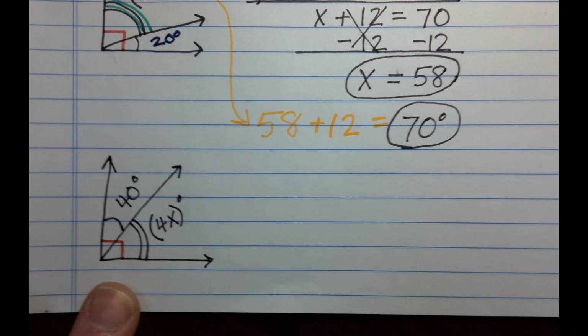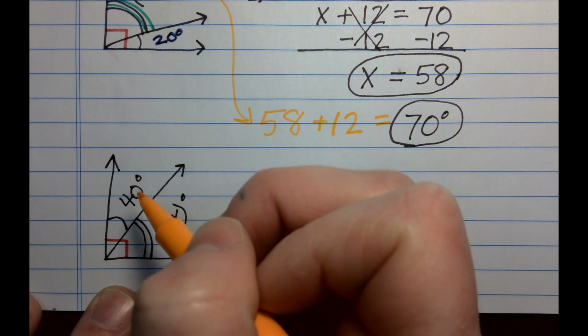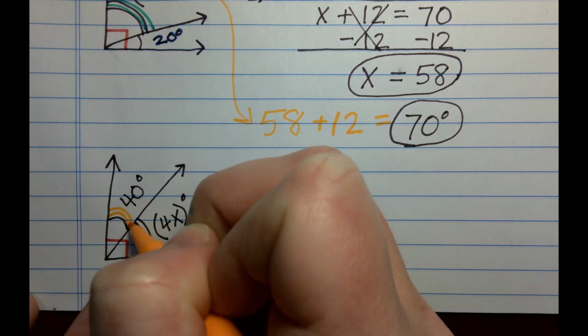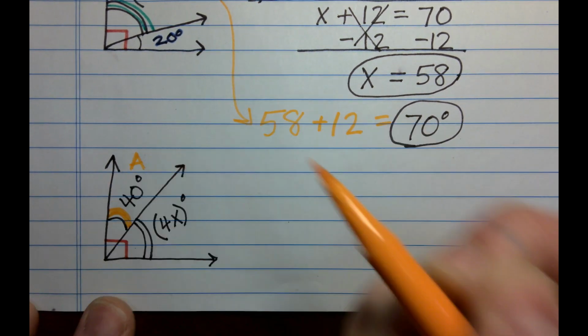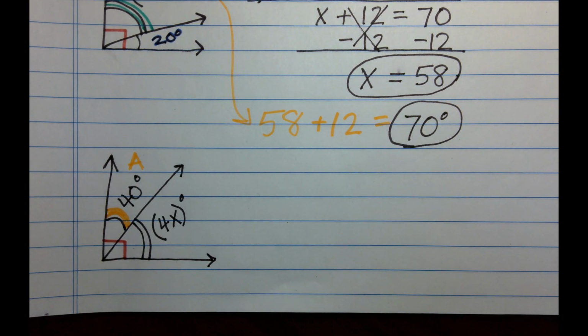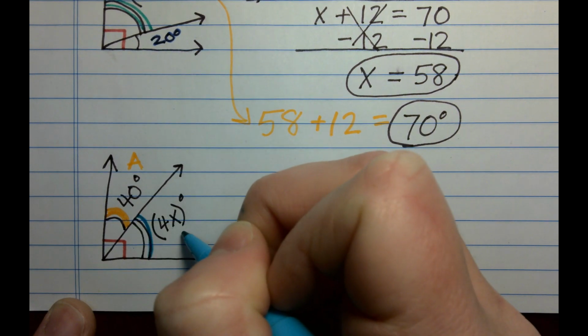And let's give these angles a name. Sometimes naming them helps us keep them straight a little better. We're going to call the 40-degree angle angle A, so I'm just going to put an A over here. And let's call the one that we don't know angle B.